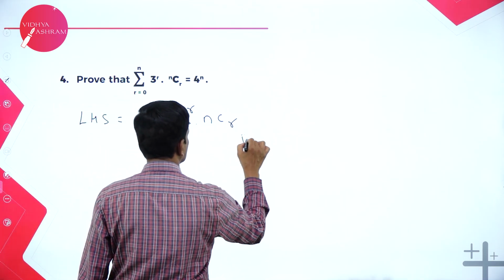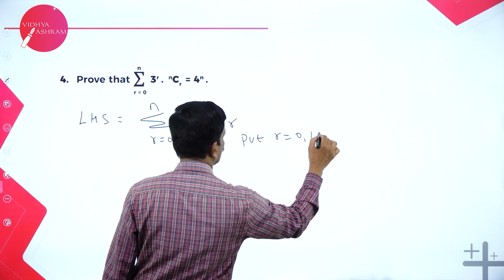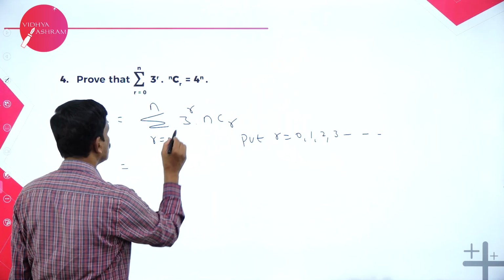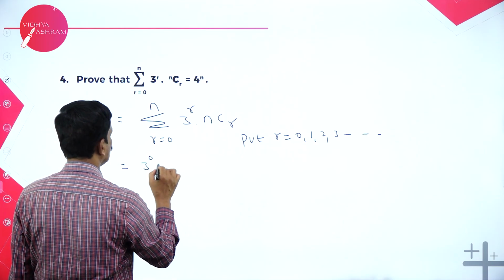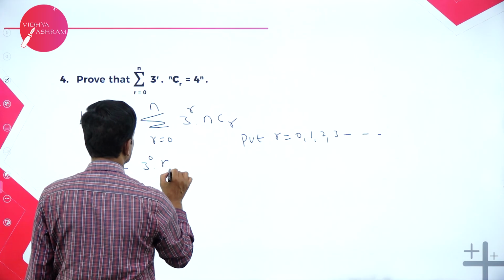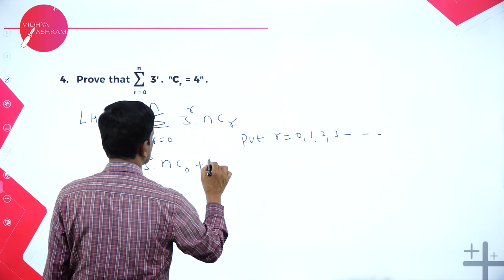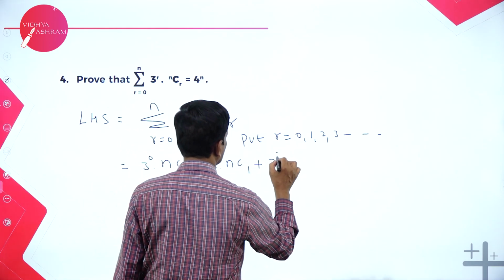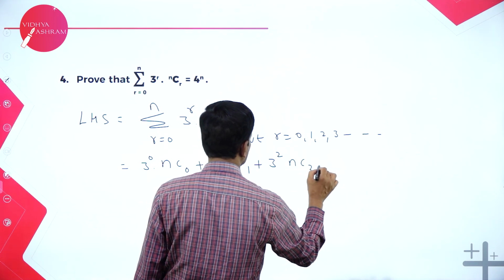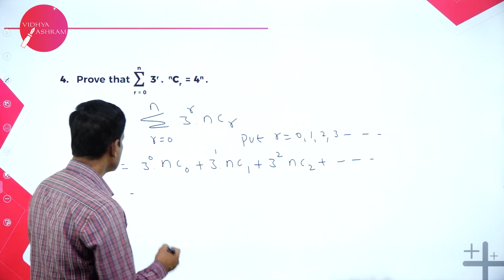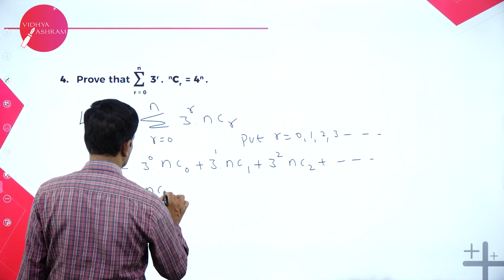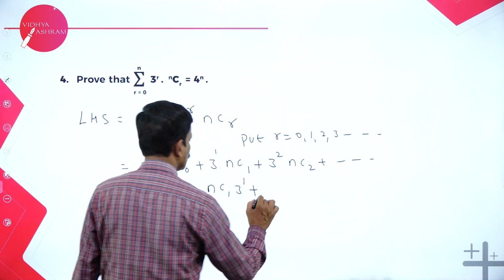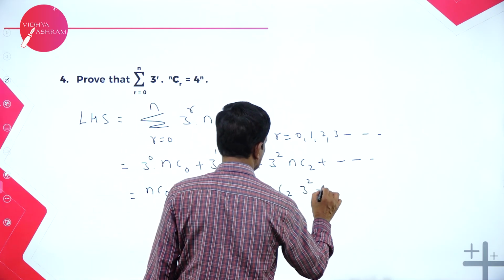Now put r equal to 0, 1, 2, 3 etc. So just take sigma out, put r equal to, so this can be written as 3^0 nC0 plus next term 3^1 nC1 plus 3² nC2 plus etc. Now this can be written as, first write nC0 3^0 plus nC1 3^1 plus nC2 3² plus etc.